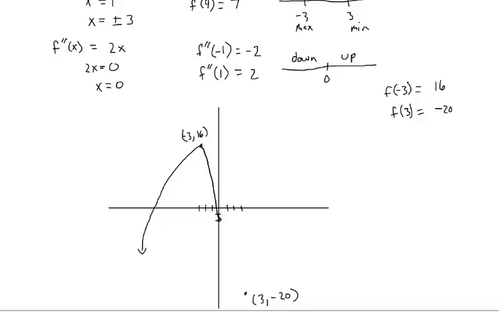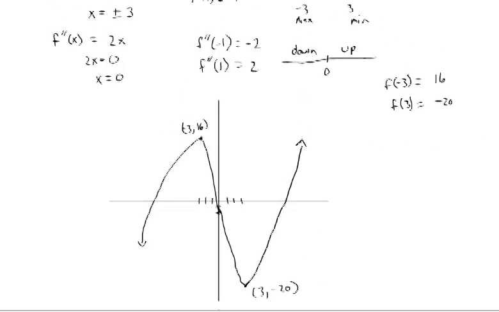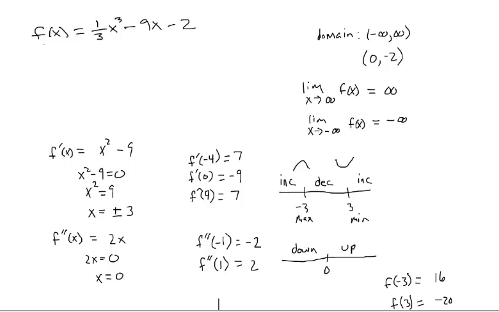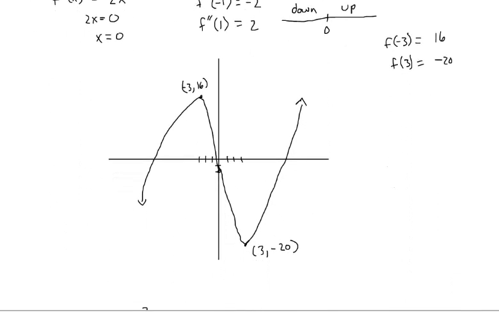And now we're concave up the rest of the way, and we're decreasing to 3. So we're going to go down to 3, and then back up to infinity. And this would be a rough sketch of this function using the first and second derivative test. So f of x is equal to 1/3 x cubed minus 9x minus 2 is roughly this picture.